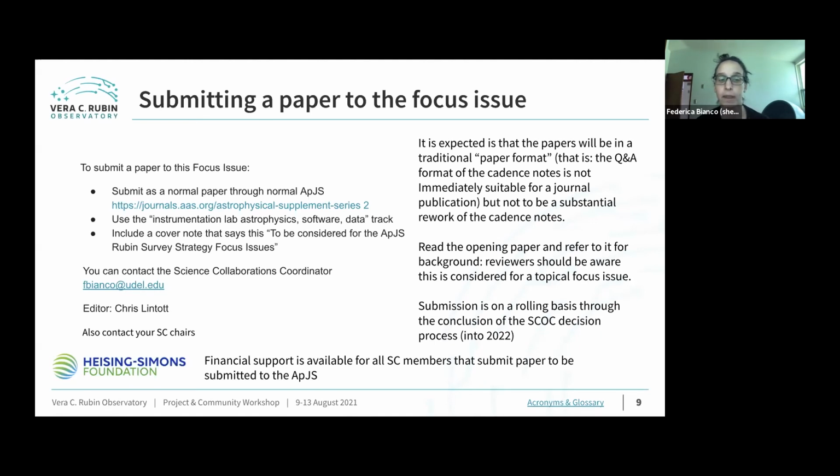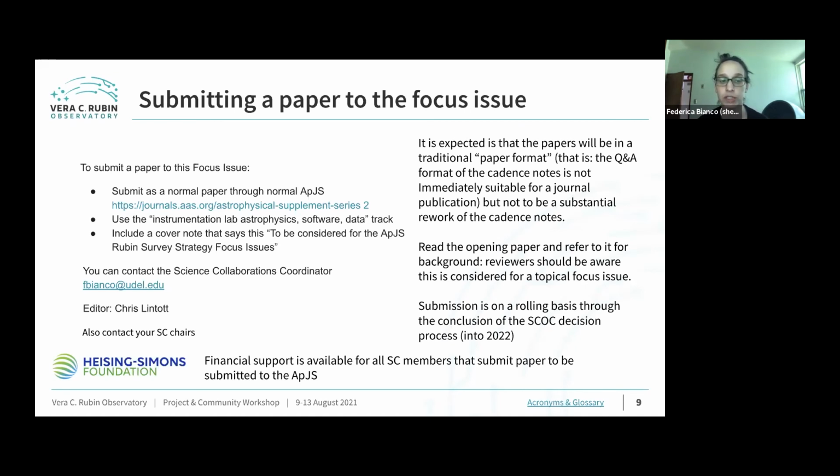So financial support is available for science collaboration members from any science collaboration, not just the 3 that are the direct recipients of the award, to publish their Cadence Note related work within this focus issue. It's not an unlimited budget, but based on the number of Cadence Notes that were submitted, we expect it to be sufficient to cover the cost of the publication of the Cadence Notes.